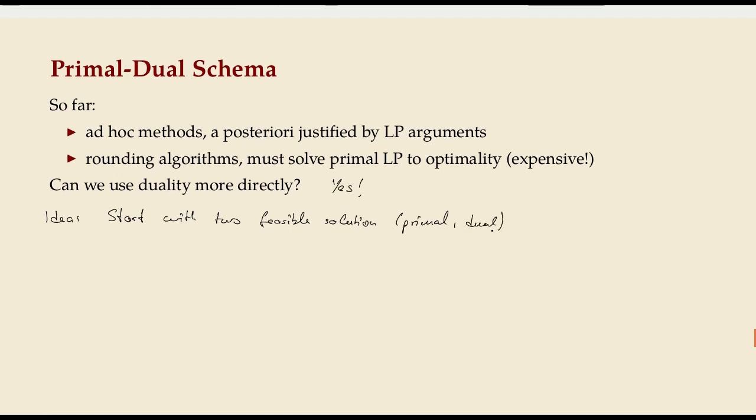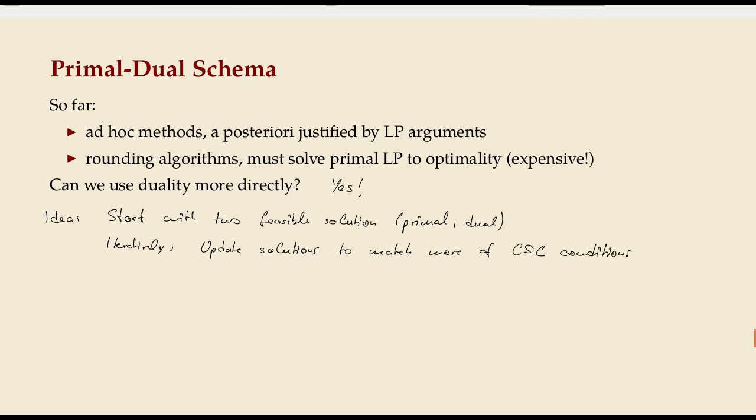And for a beginning, we can just pick some solutions where we can easily show that they're feasible, but we know they're essentially very bad, far away from optimal. And then iteratively update the solutions to match more of the complementary slackness conditions.